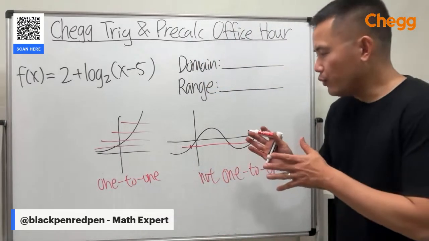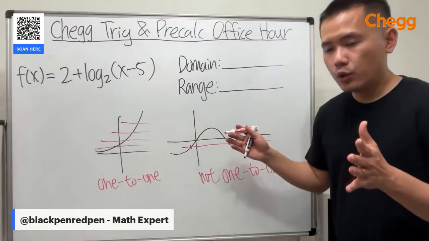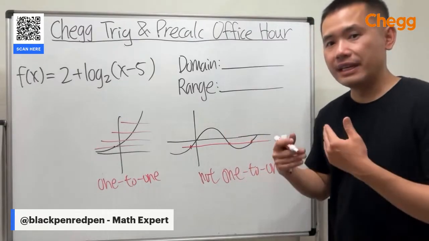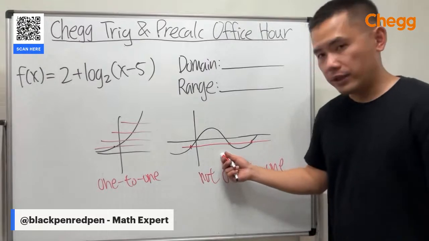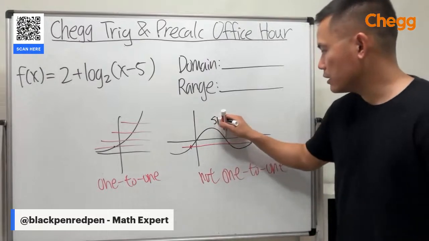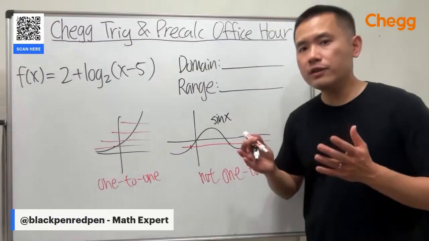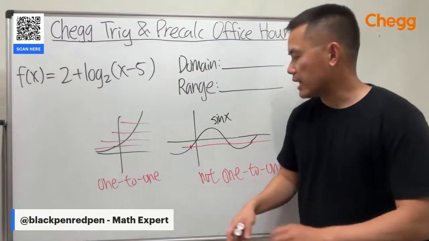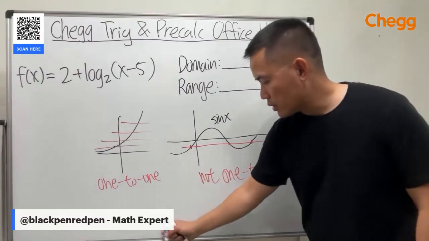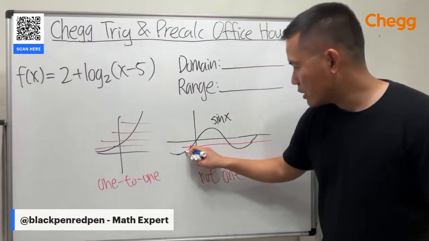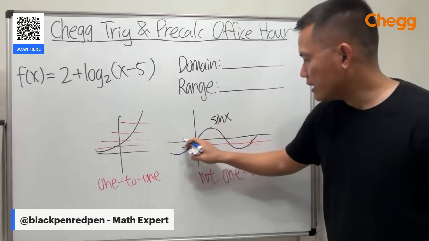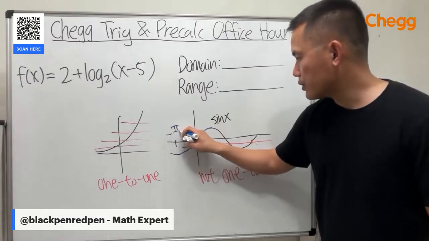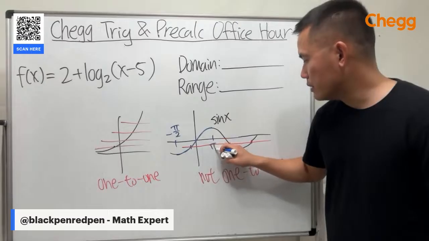So if you're asking when shall we be restricting the domains to have the inverse, then for this right here, which is the sine function, we still want to have a nice inverse so that we can compute the angle, right? And things like that. Then we are going to restrict the domain to from here to here. And that is going from negative pi over 2 to positive pi over 2.